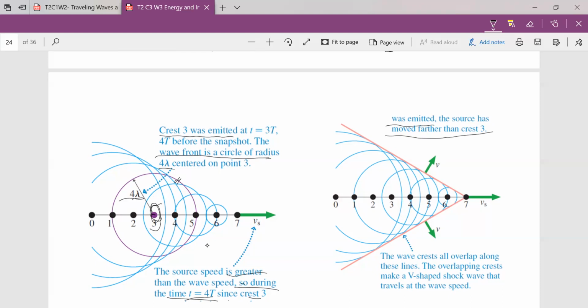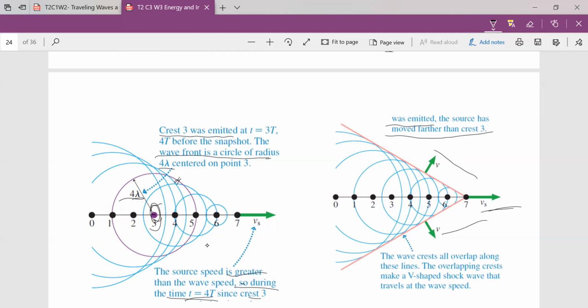After emitting the third crest, it has moved to 4, 5. So you see other circles forming, and the wave produced also forming its motion. And then they combine, like I was saying, the amplitudes combine with that of the wave produced to give you the V shape behind the source as it is moving.